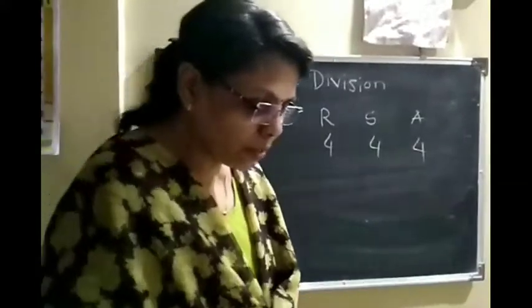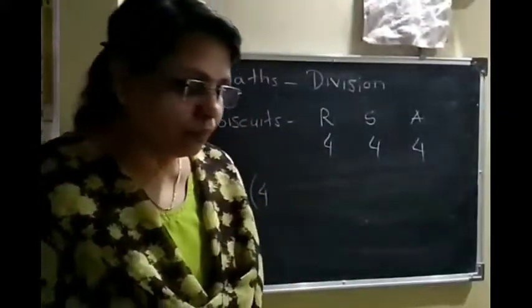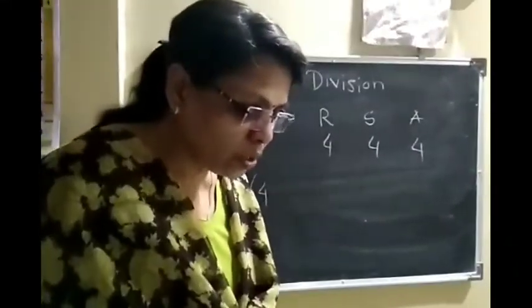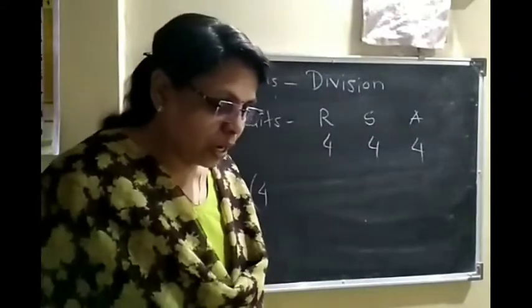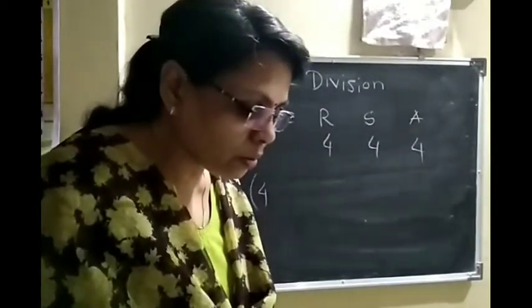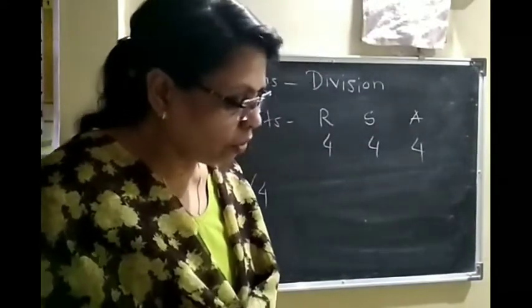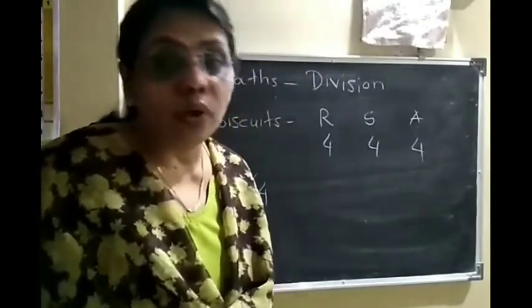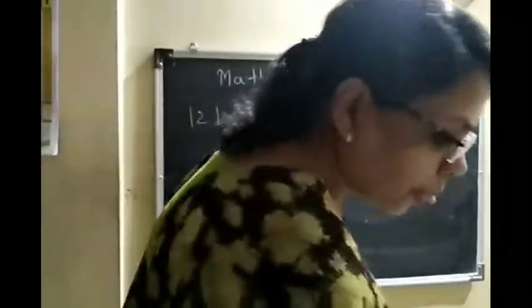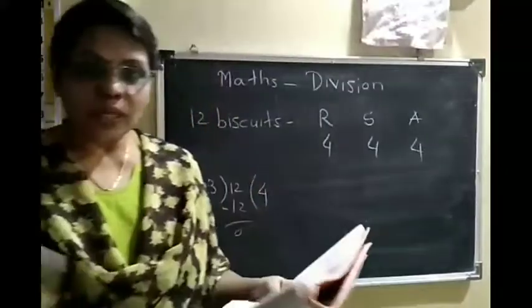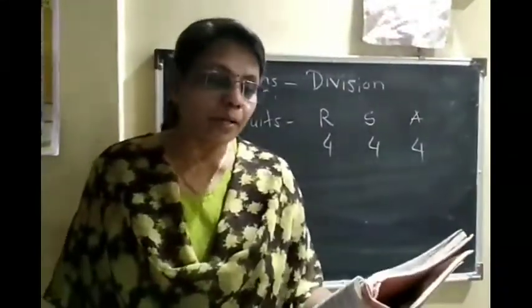Now move on to page number 88. Here the total number of mangoes is 8. Mangoes in one lot, total number of lots. Here they have given an oral assignment. You can see the picture on page number 88.